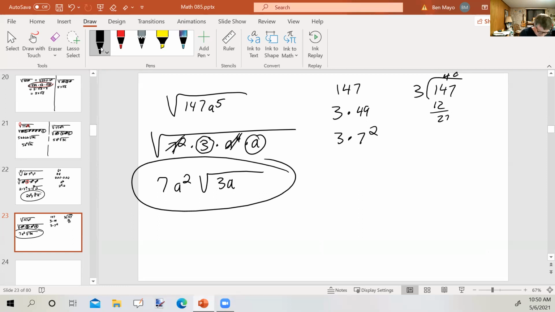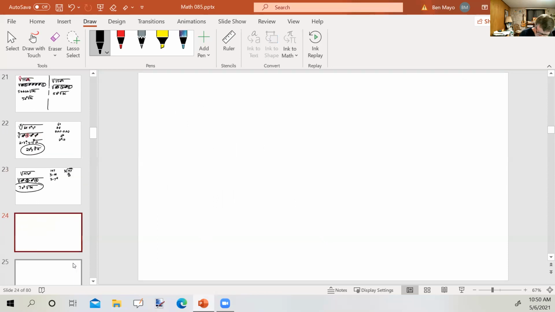All right, let's take a look at this problem. The cube root of 280 a to the 5th, b to the 6th. So I'm looking for cubes and leftovers. Off the top of my head, I can't think of a cube that's a factor of 280.